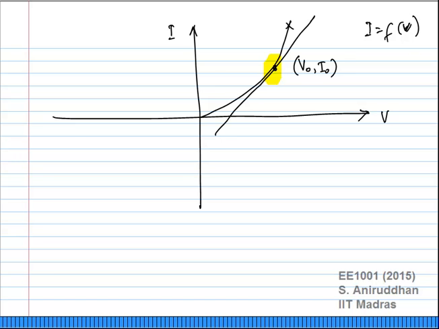That is what we are saying here. Is that clear? I consider a small enough delta V and delta I such that the curve can be approximated by a straight line. Now how do you ensure that you have considered a small enough delta V and delta I? Well, you will have to assume that it is satisfied, and then go back and check to ensure that it is satisfied.